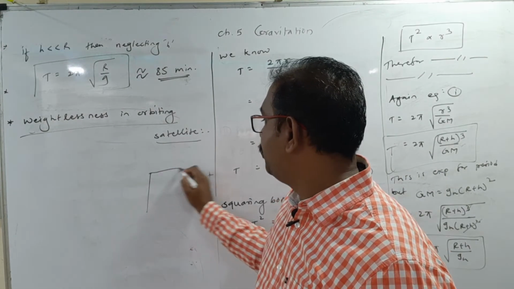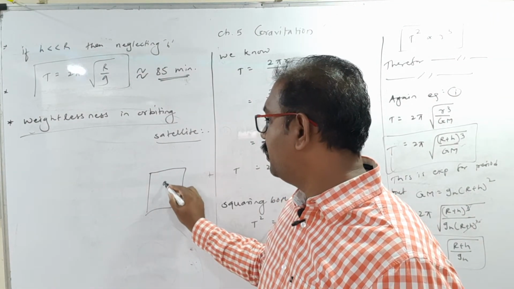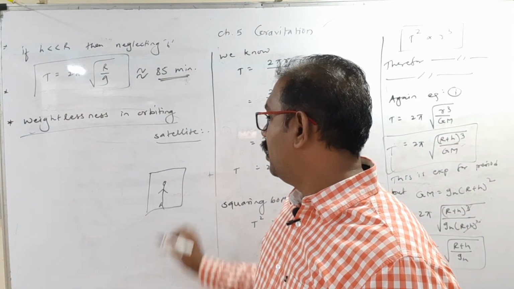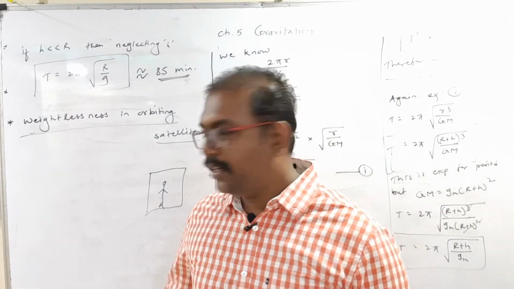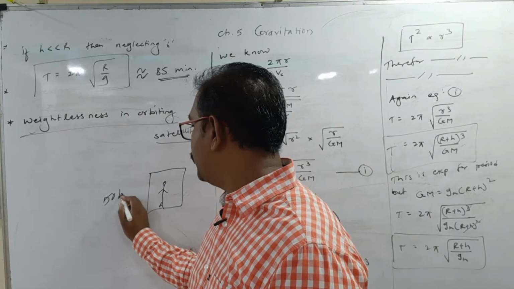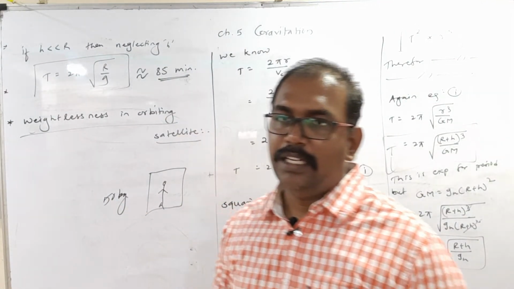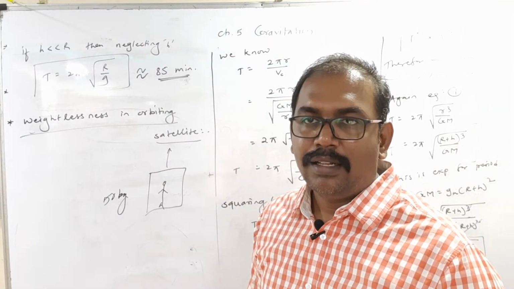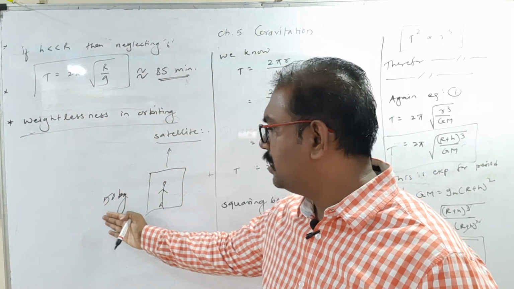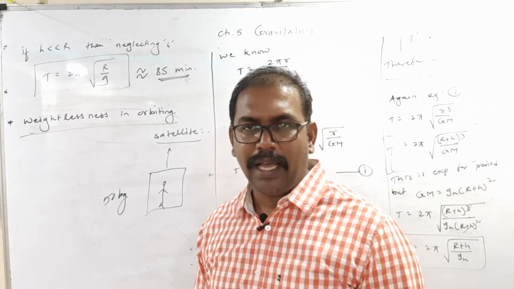Now I can tell you a simple condition on the surface of the earth. Suppose we are in a stationary lift. If a person weighing 50 kg in the stationary lift is moving up with some acceleration, then the weight of the person is more than 50, because we have to consider the acceleration of the lift.